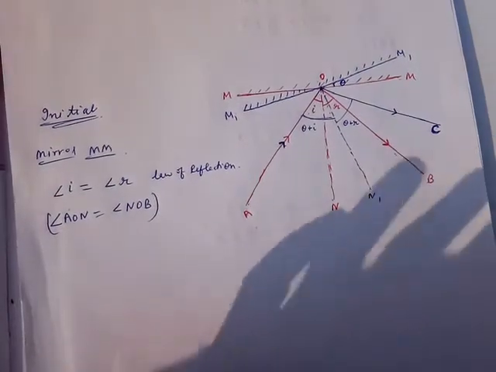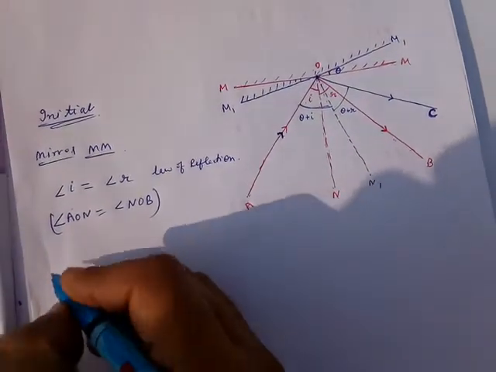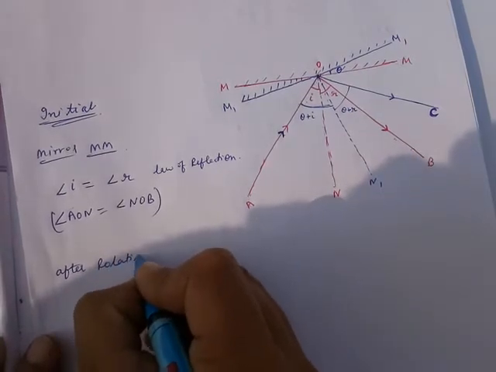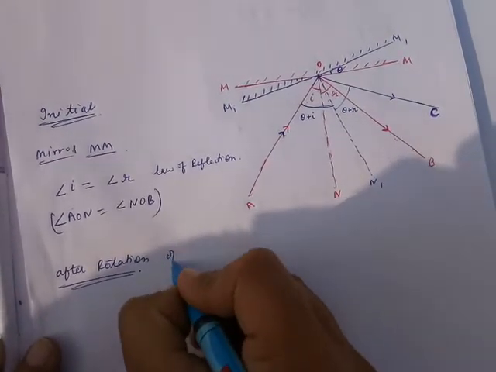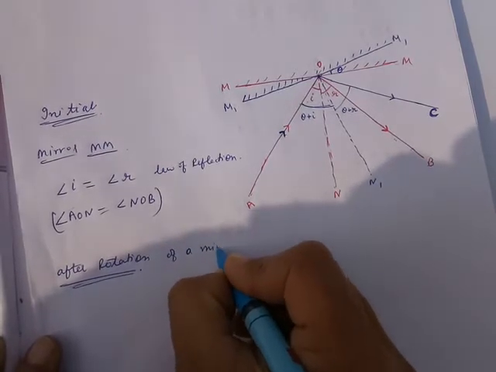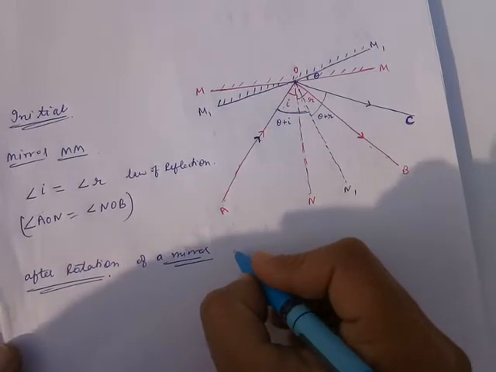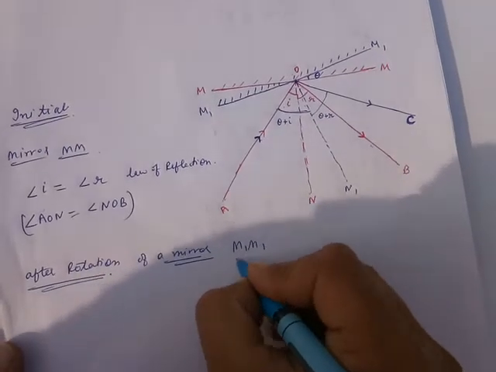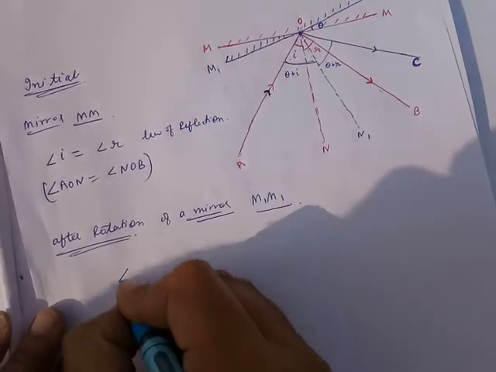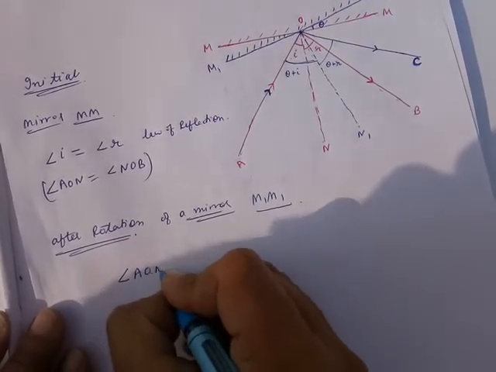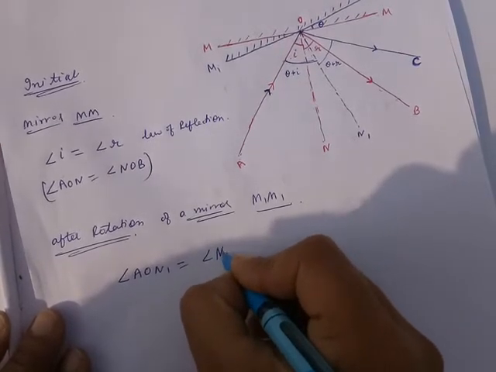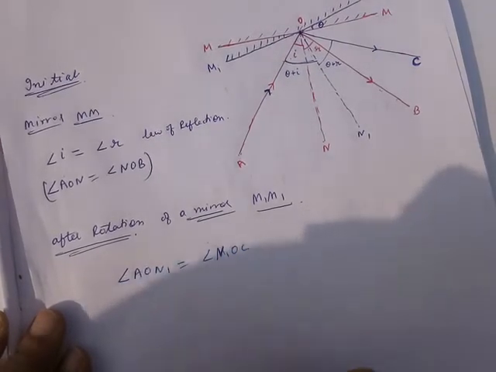Now after rotation the mirror becomes M1. Then angle AON1 is equal to angle N1OC.